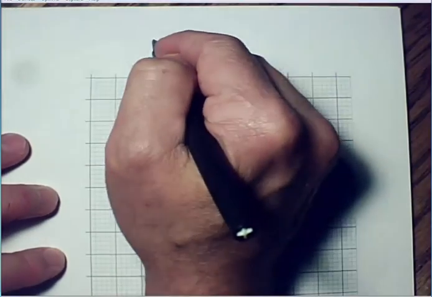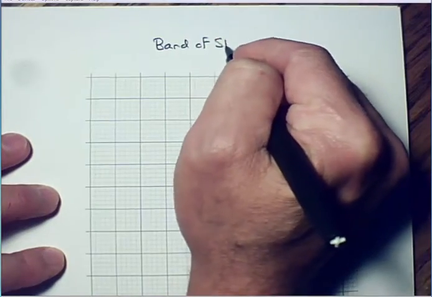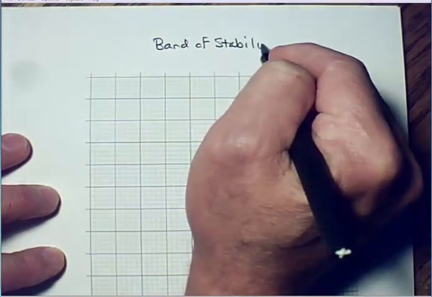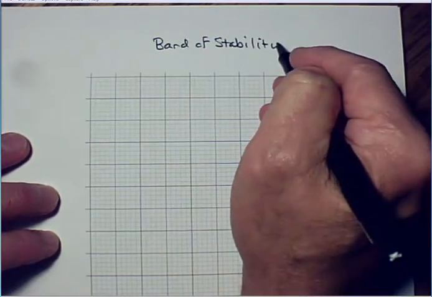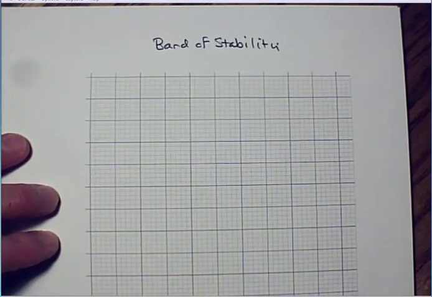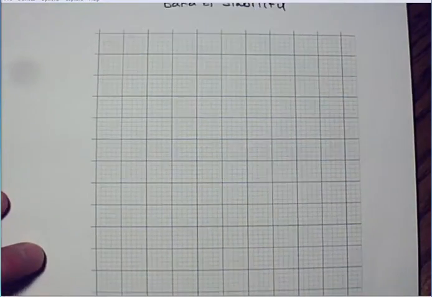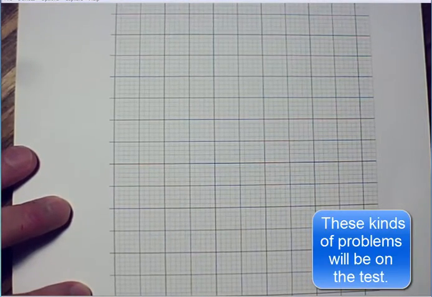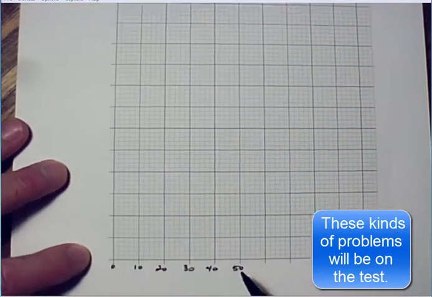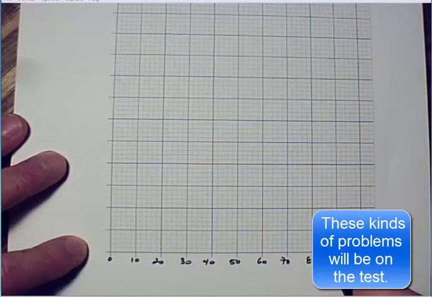You have to have a title. Yes, sir. Band of stability. All graphs must have titles. You have to have axes labels. And for the band of stability, we mark this as 0, 10, 20, 30, 40, 50, 60, 70, 80, 90.